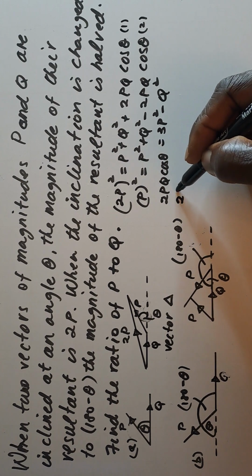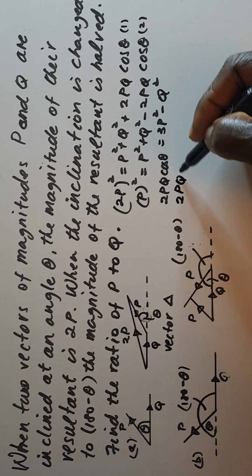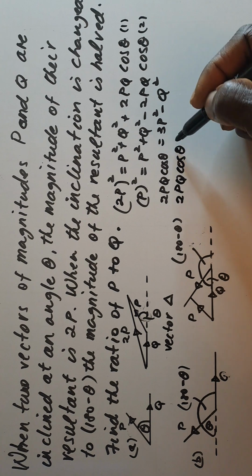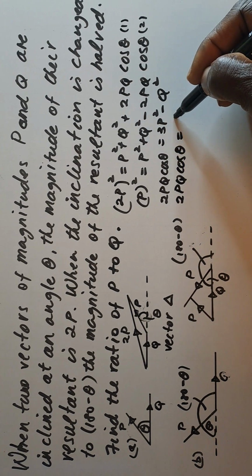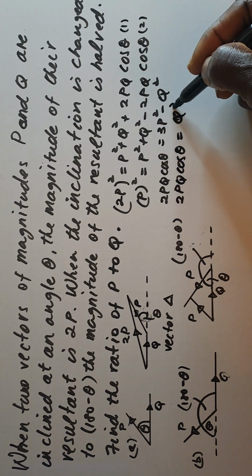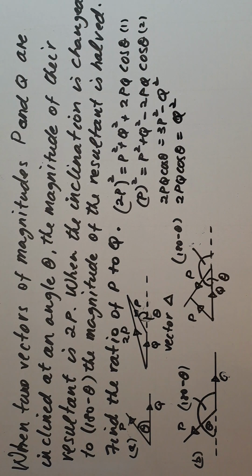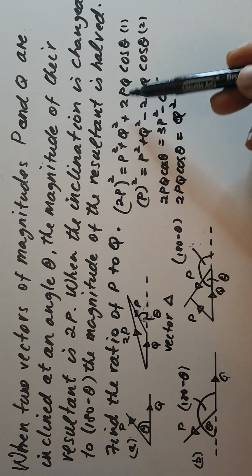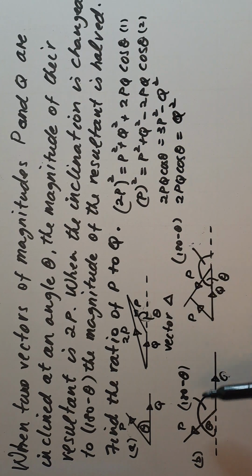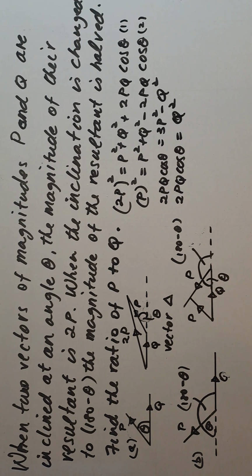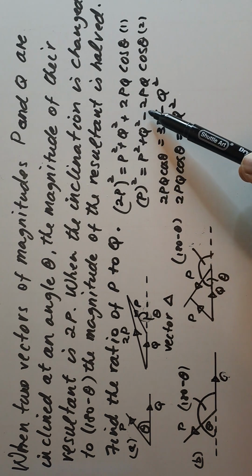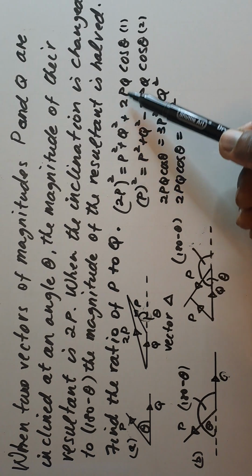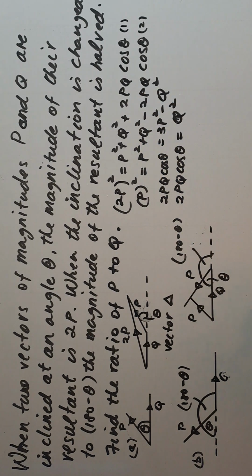So 2pq cosine theta is equal to q squared. If you're wondering why this equation has negative and this one has positive, it's simply that cosine of 180 minus theta is actually minus cosine theta. So it makes this sign positive.